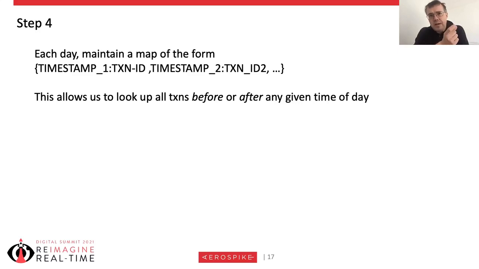I can do that if I'm smart and premeditated about the way in which I model my data. The List Map API, you'll not be surprised to hear, lets you do that.